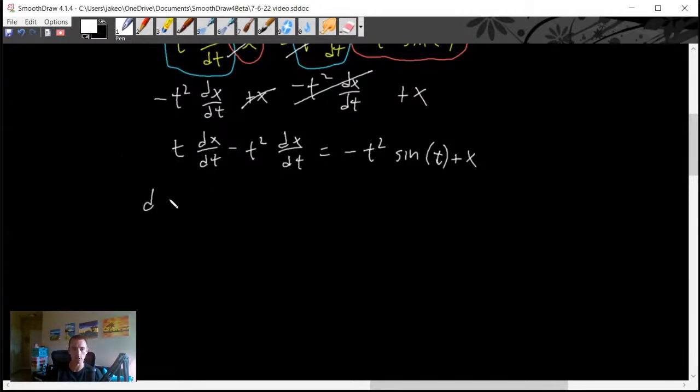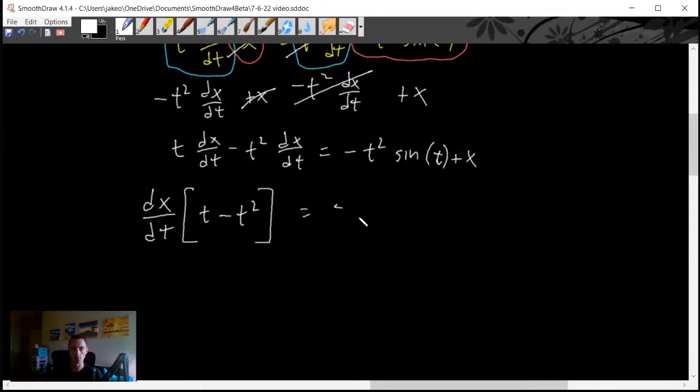So we'll pull dx dt out of the left side, and what's that going to leave us with? If we take a dx dt from this term, we're going to be left with a t. If we take dx dt out from this term, we're going to be left with minus t squared. We did not do anything to the right side of our equation. All we did was factor out something from the left, so the right remains unchanged.